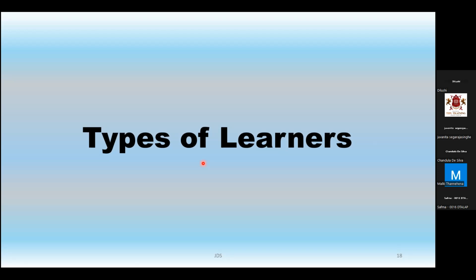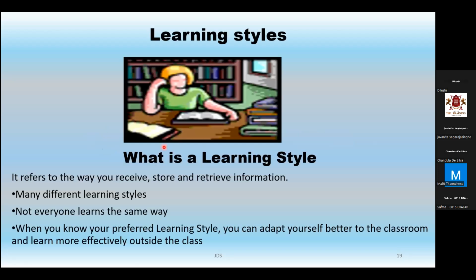So people have different ways or different styles of learning. Though we have different styles, there is one or maybe more than one predominant style that decides how we learn, what kind of learner we are, right? So thereby we need to know the learning style.